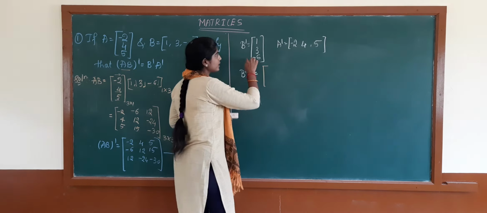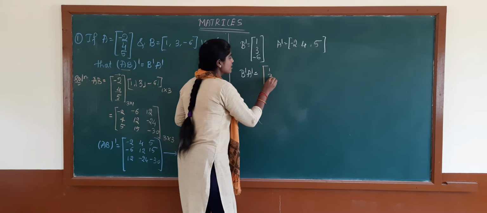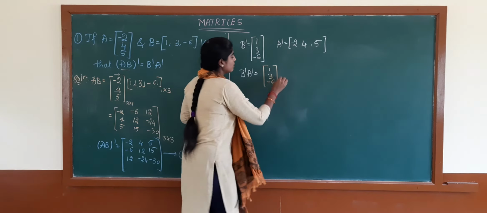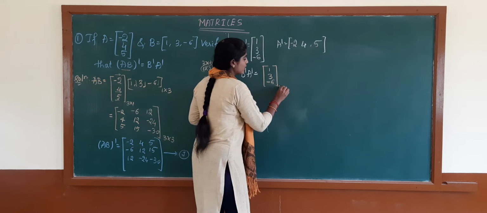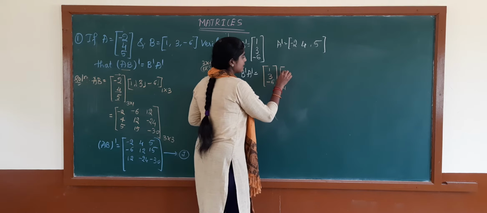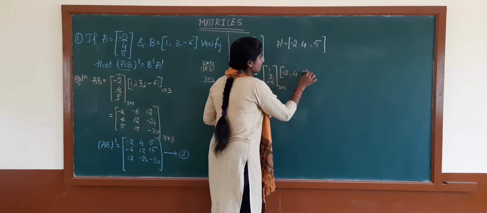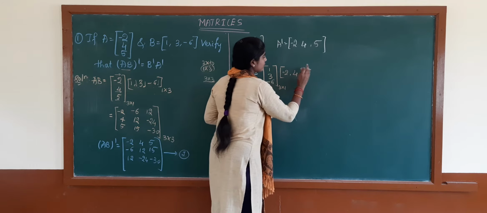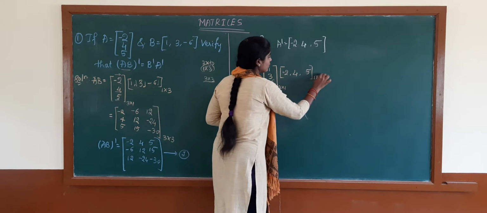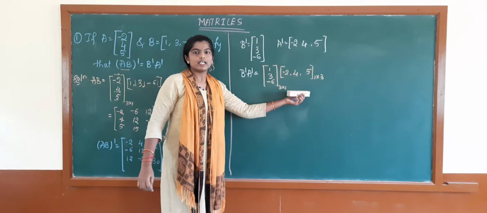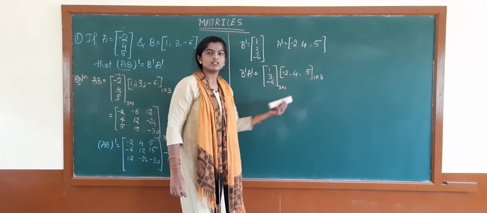B transpose with A transpose, that is 1, 3, minus 6. It is of order 3 cross 1 and A dash is minus 2, 4, 5. It is of order 1 cross 3. Then on matrix multiplication we get a matrix of order 3 cross 3.